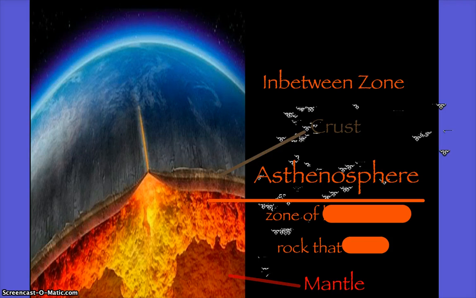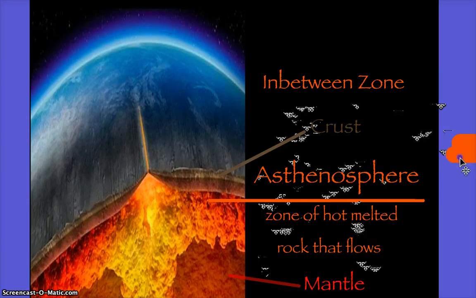You've got the core, which is solid and then starts to become liquid because you've got liquid rock in the mantle, right? But that liquid rock is going to flow up. And once it hits the plates or the crust, it can't flow up, so it flows across and it forms like a river of magma, and that's called the asthenosphere.